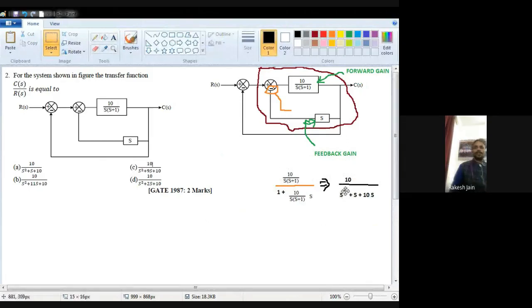Yes, so S square plus S plus 10, we can say S is 10 upon S square plus 11S. S square upon 11S. So I just, we can say 10 upon S square plus 11S.